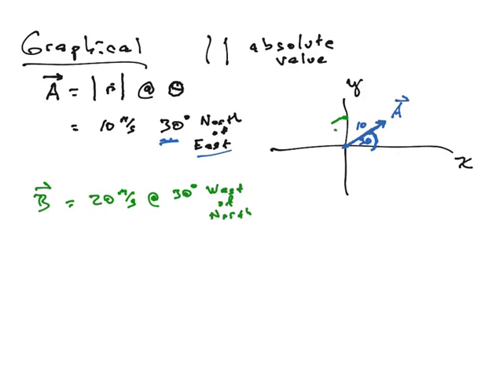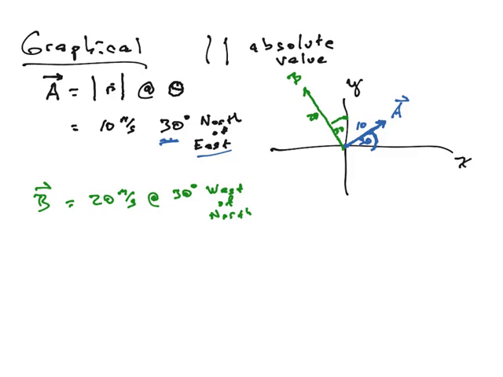So this is going to be about 30 here. And now the length of my arrow is 20. Well, that's twice as big as arrow A. So however big arrow A is, I need to draw B twice that length. So something like this. 20. Okay, so it's not too bad. The length of the arrow is the magnitude. The direction the arrow points is given by theta, the direction. And that's how we're going to do it graphically.